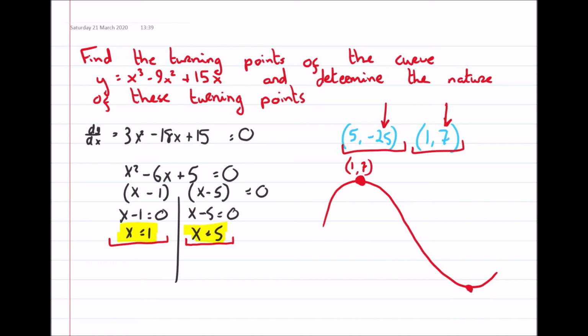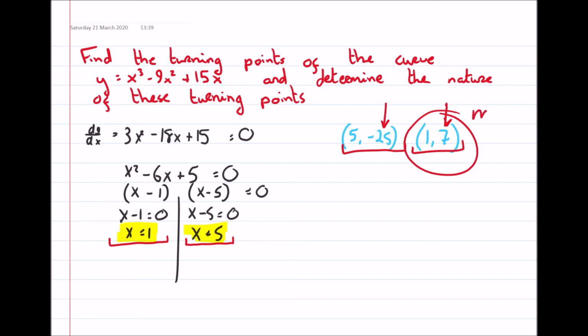That minimum point there will be 5, minus 25. So that is another way of doing it, right? Just having a look at the two points and seeing which y value is biggest. So straight away I can say that is the maximum and that is the minimum.